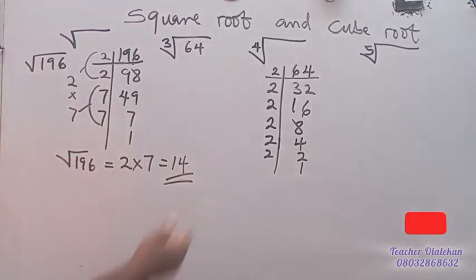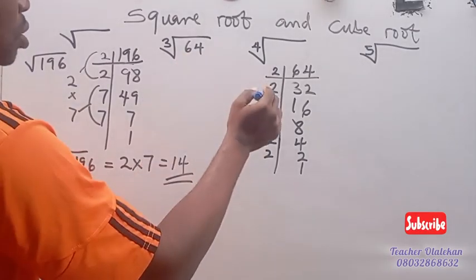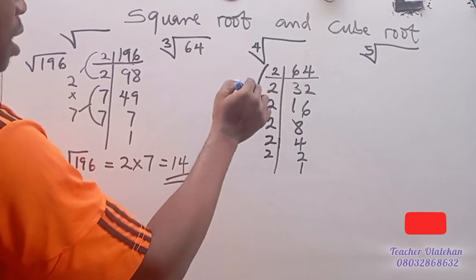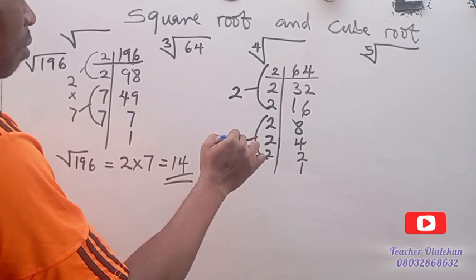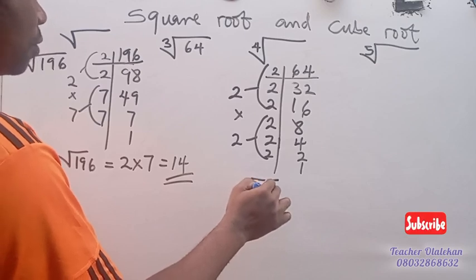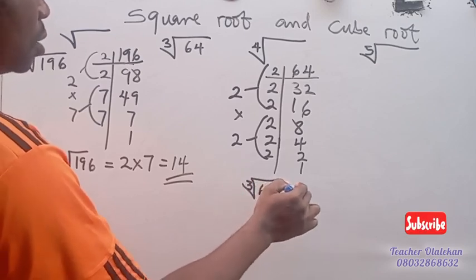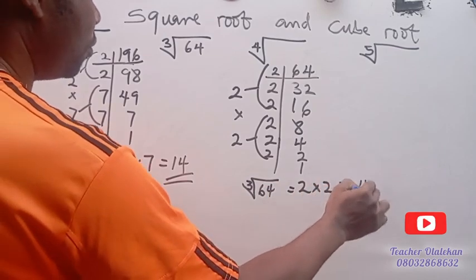At this stage, you now group them in threes, since what you're doing is a cube root. For every group of 3, you take 1. So the cube root of 64 is equal to 2 times 2, which is equal to 4.